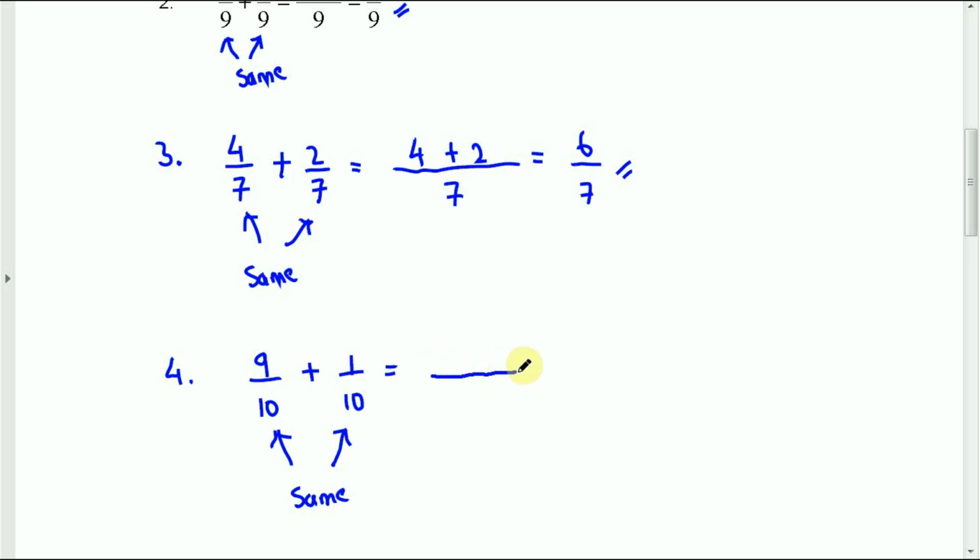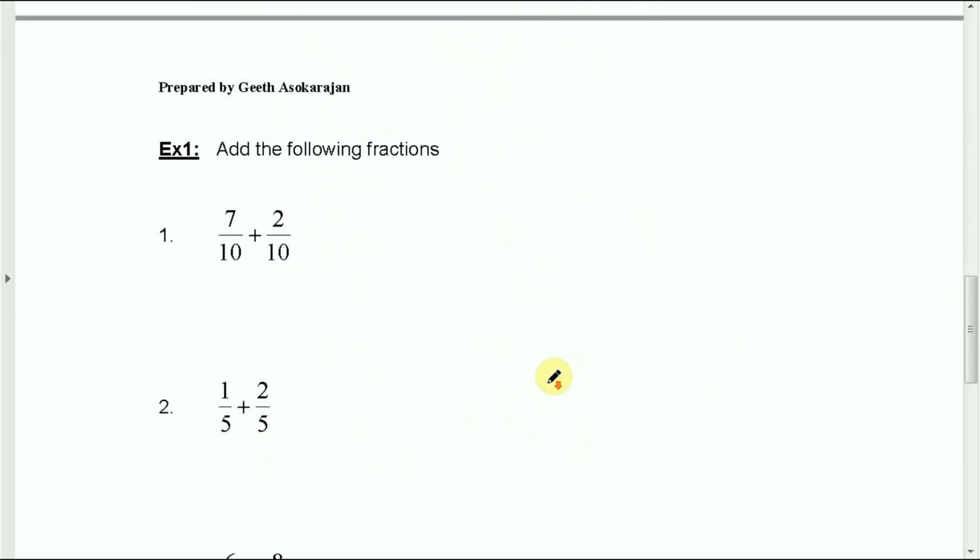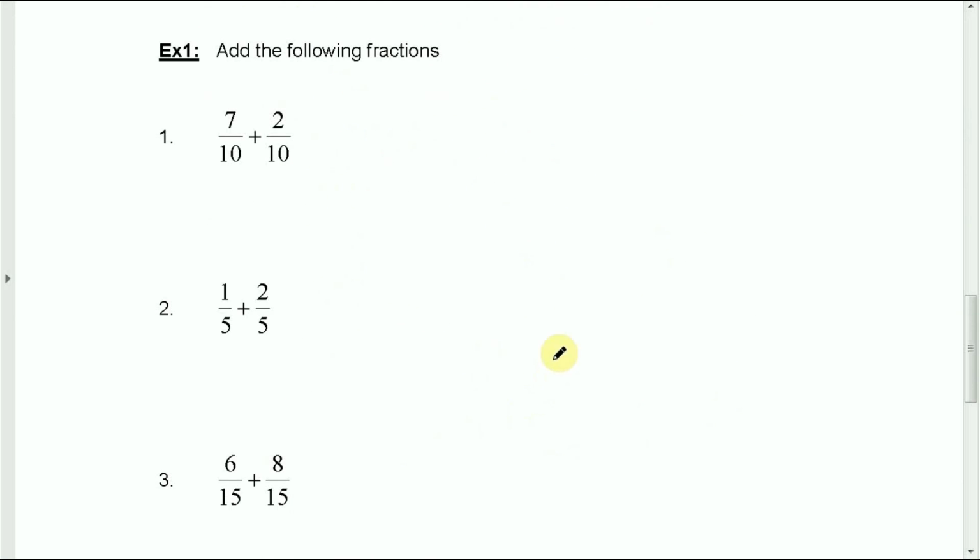So we're going to take a ruler, a nice long line, put that 10 here. 9 plus 1, write that on top. 9 plus 1 is 10, divided by 10. And remember, 10 divided by 10 is 1. Right, so on that note, try exercise 1, questions 1, 2 and 3. I'll give you some time and I'll go through the answers soon.